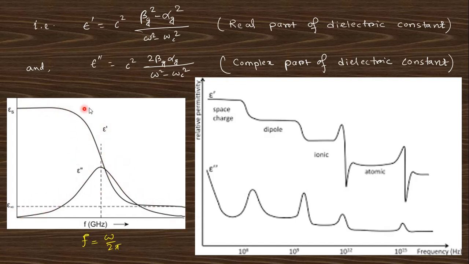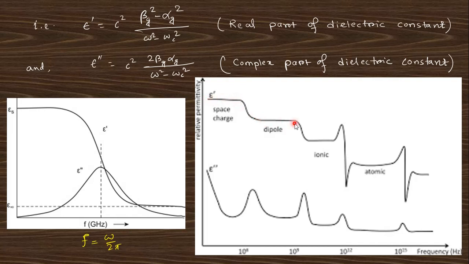This is a part of the total spectra. If you change the frequency over a long range, you can see different steps arise like that. This actually happens due to the polarization of the material, that means when the charges are separated, the relative permittivity is like that.